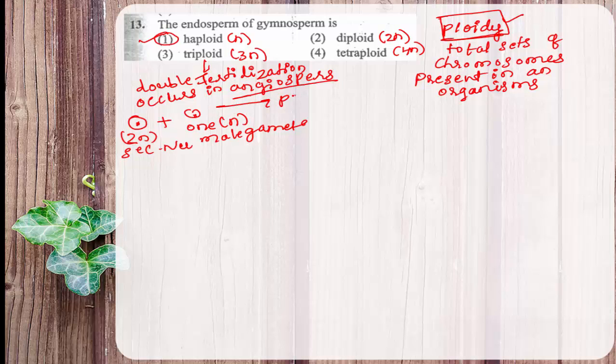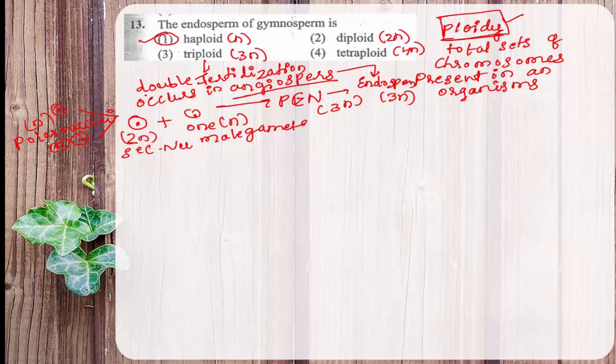2n plus n gives rise to the formation of PEN, that is primary endosperm nucleus, and it is triploid. And finally primary endosperm nucleus develops into endosperm, so that endosperm is also triploid in nature in case of angiosperms. And this secondary nucleus is a product of fusion between two haploid polar nuclei.